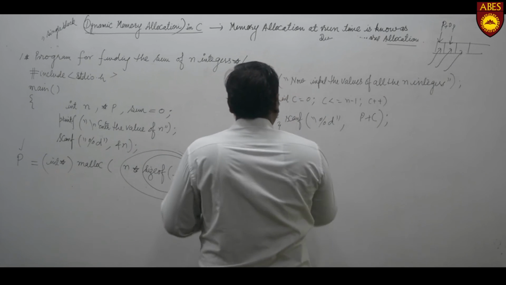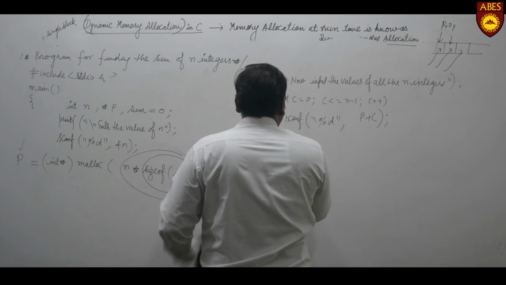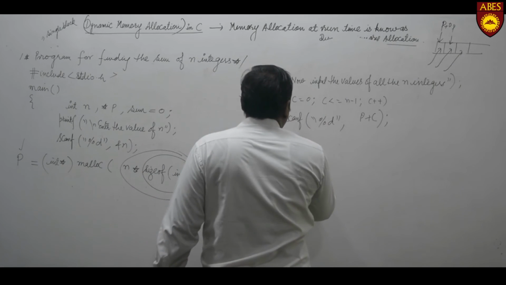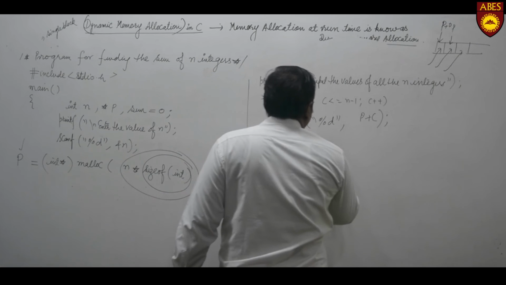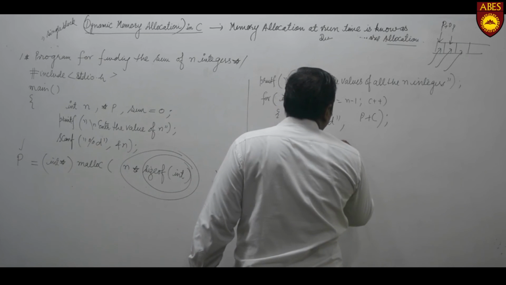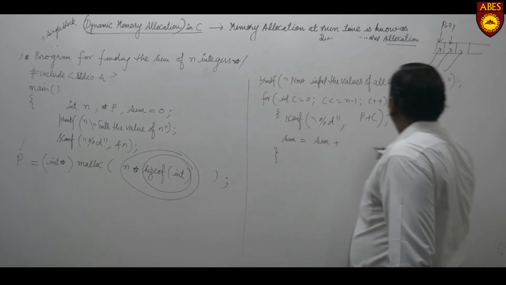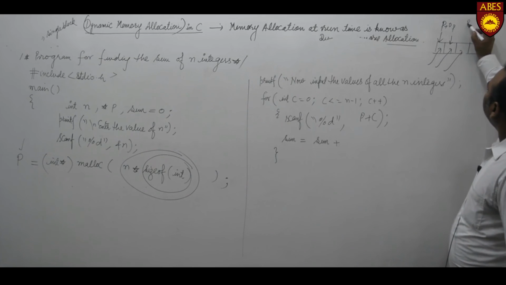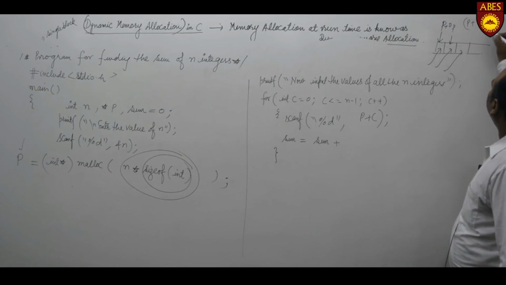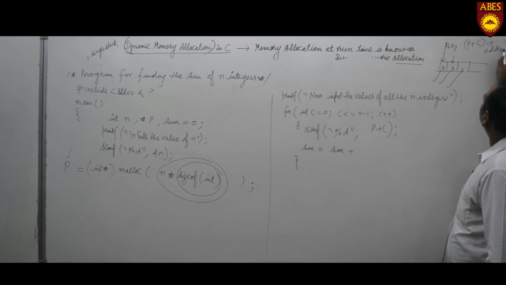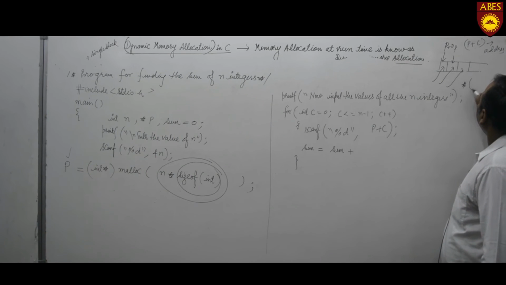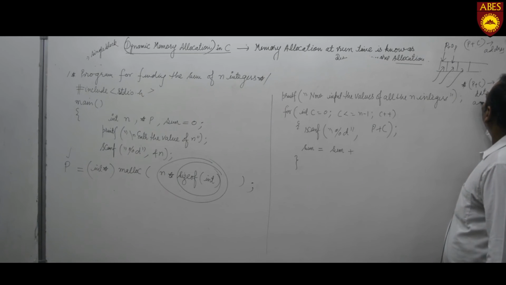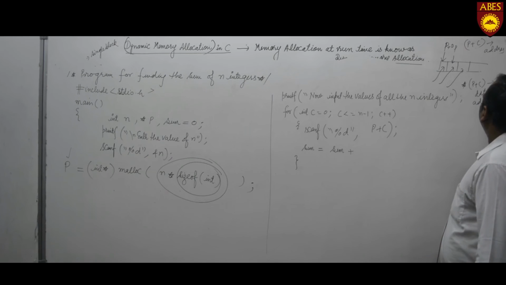And now I want to calculate the sum, so sum is equal to sum plus. Now P plus c is the address, and star of P plus c is the data at the address, the content at address P plus c.